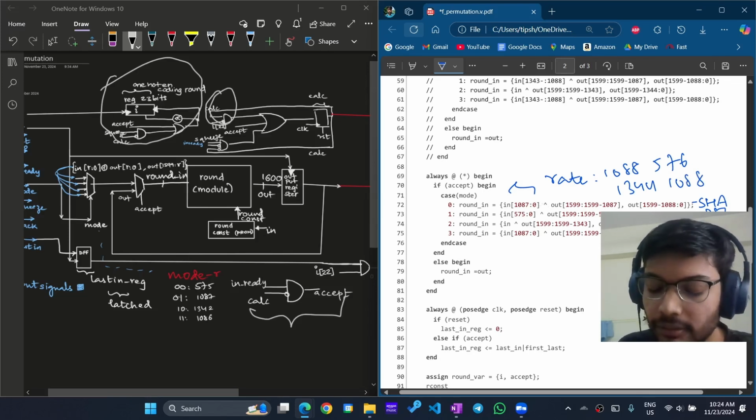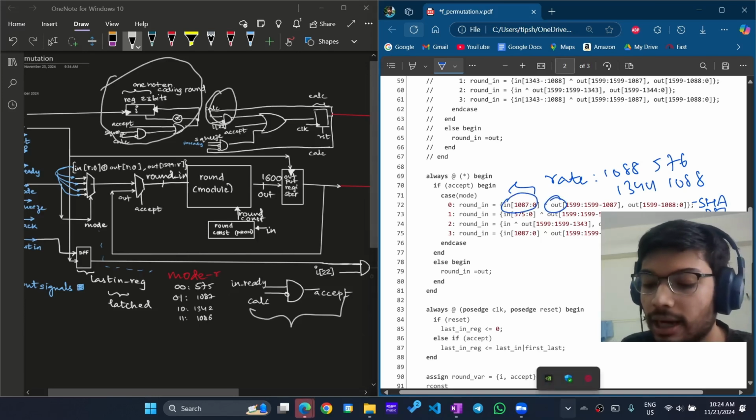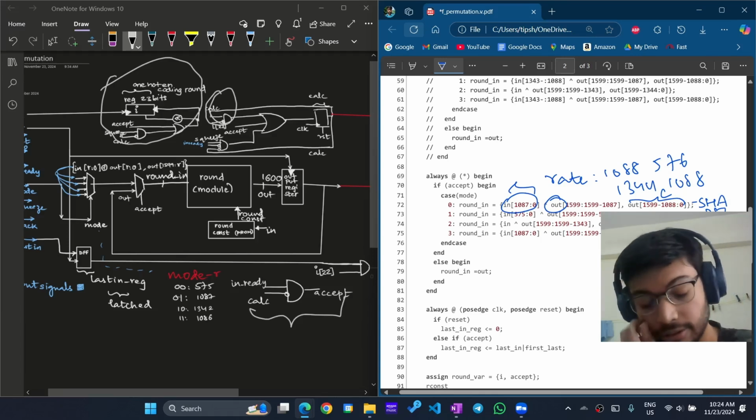For giving an input or absorbing, the first R bits are XORed with the output and the remaining C bits are appended to the output, sorry, the input of the round.